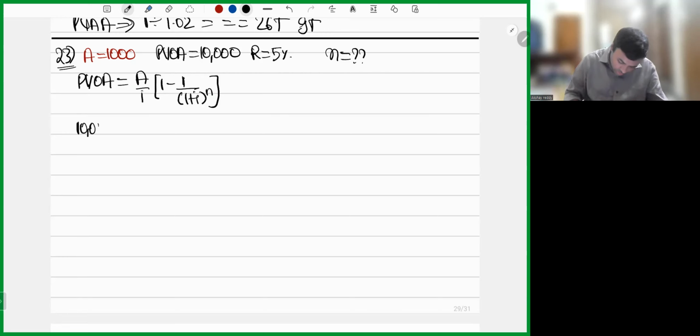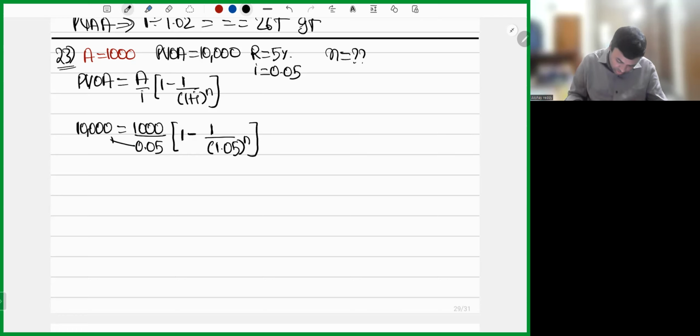So 10,000 is equal to 1,000 whole divided by I, which is 0.05, into 1 minus 1 divided by 1.05 whole power n. Now let us do cross multiplication. Let's see what we'll get. 10,000 into 0.05 divided by 1,000 is equal to 1 minus 1 divided by 1.05 whole power n.